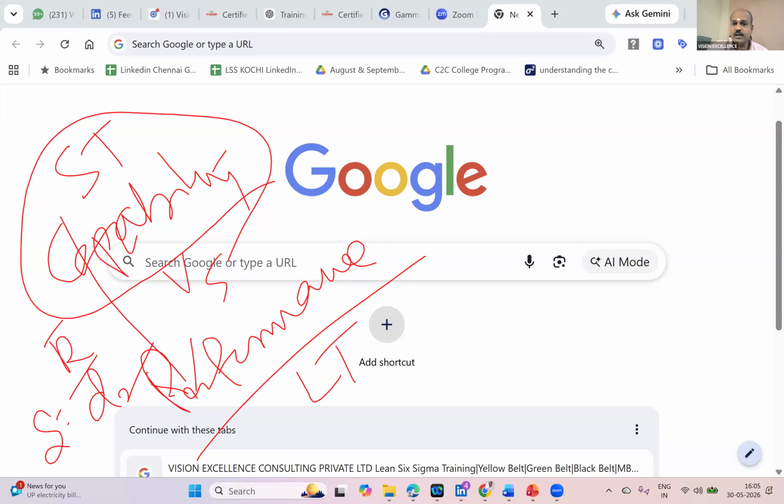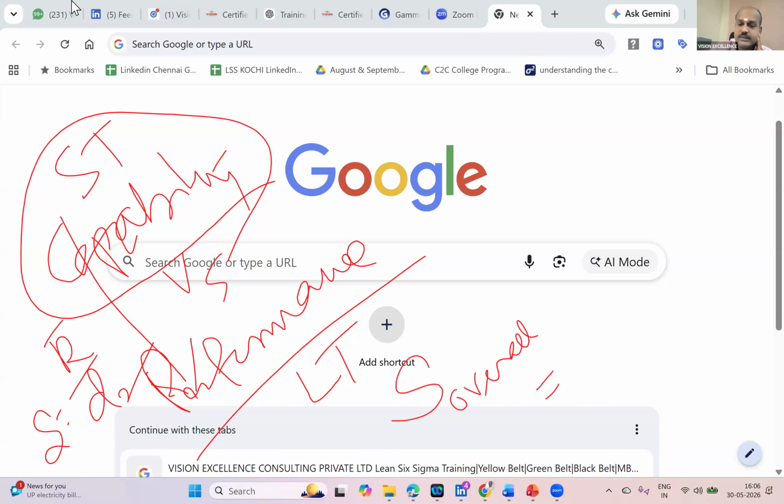However, for long term, you need to use a different formula, not the R bar by D2, for calculating S. But this time, the S is called overall standard deviation. What is the standard deviation you should use for calculating PP and PPK? Overall standard deviation, not R bar by D2. R bar by D2 is called within standard deviation.